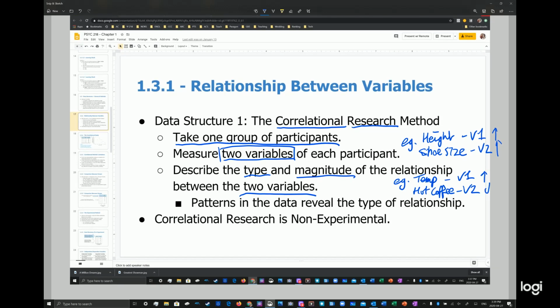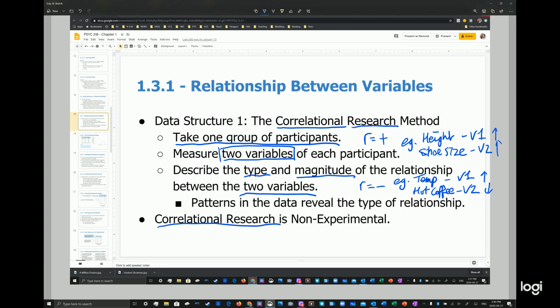So as one variable goes up, the other one goes down. And if you remember the terms like positive correlation and negative correlation, and we use the R here, which we'll explore later in the course in chapter 14, then yeah, those are the types of relationship that we're talking about when we look at relationship between two variables from the same group of participants.